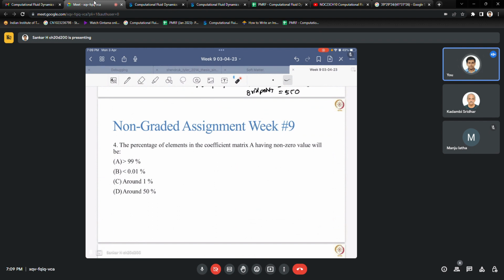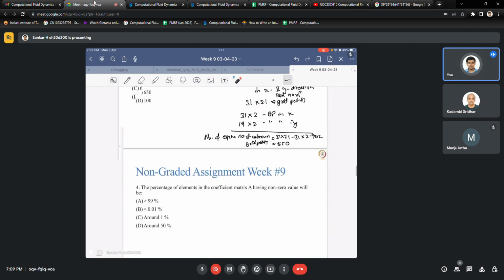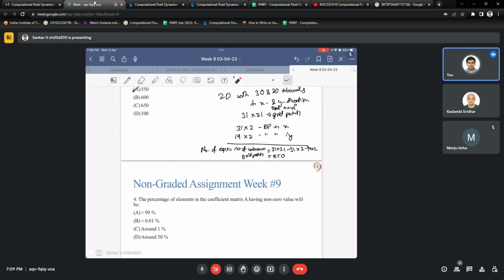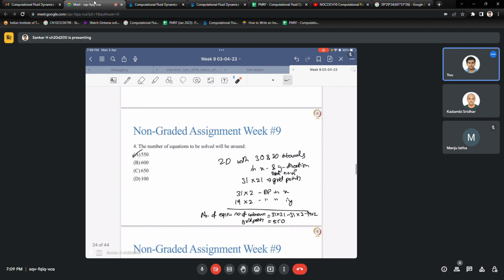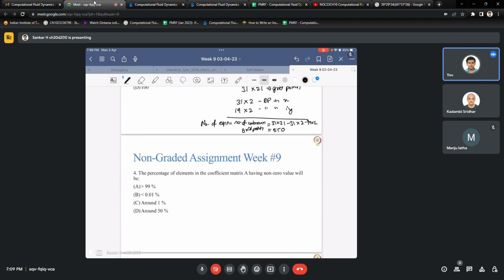Then the percentage of elements that have a non-zero value will be... In the coefficient matrix, we saw that there will be 550 elements over here, out of which a maximum of 7 elements will have a non-zero value. Therefore, the answer will be 7 upon 550 times 100, and we'll get this to be around 1.3%.